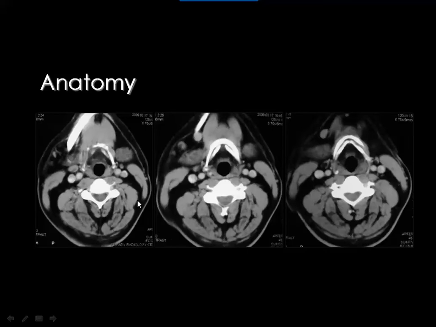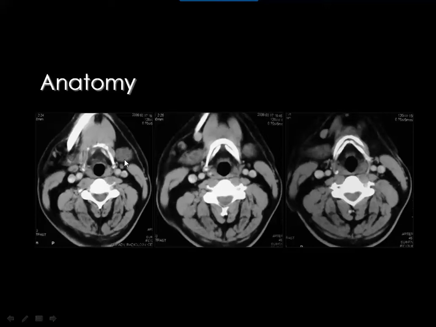Then this is the CT images, and here you can see the hyoid bone, and this is the site of the epiglottis, and here you can see what's known as the pre-epiglottic fat. Then this is the sternomastoid muscle and the carotid and jugular vessels.